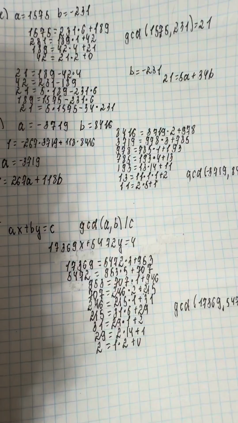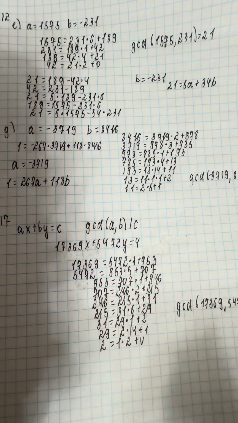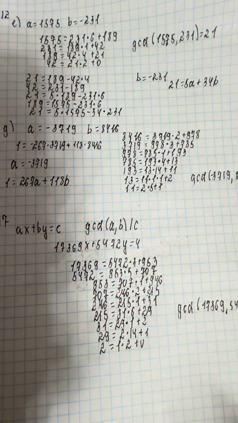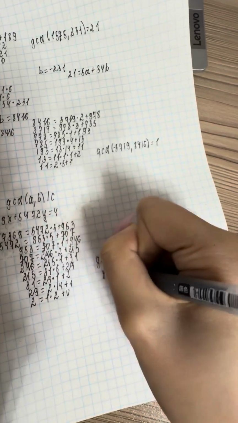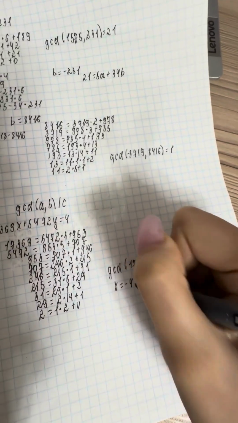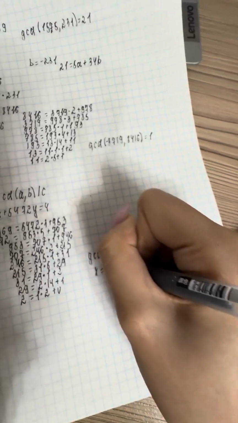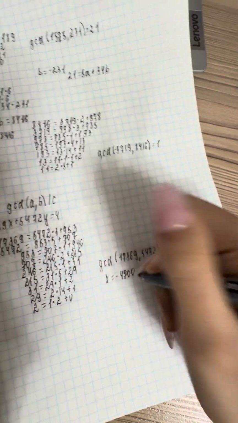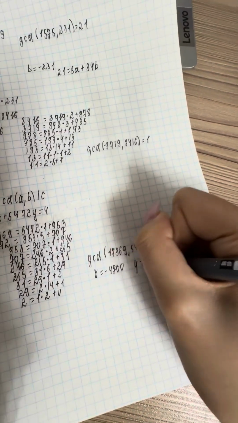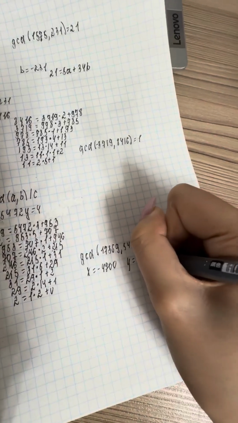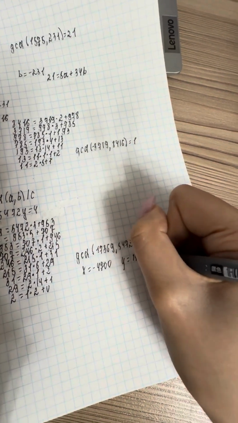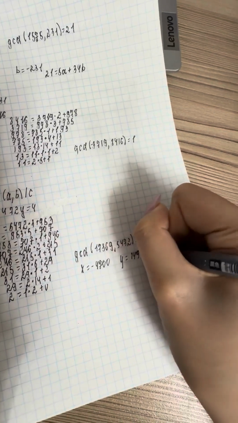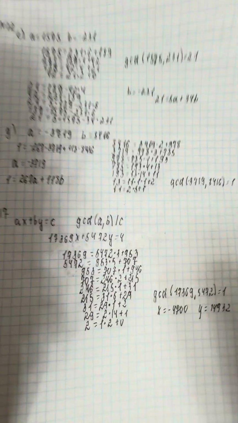And using back substitution, I found one particular solution is x equal to negative 4,700 and y equal to 14,932. The pair satisfies the equation.